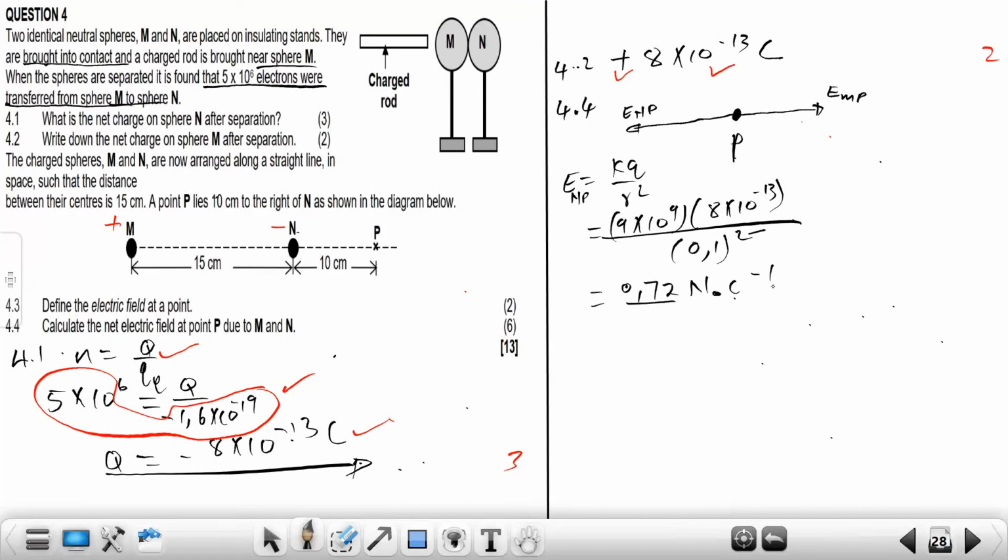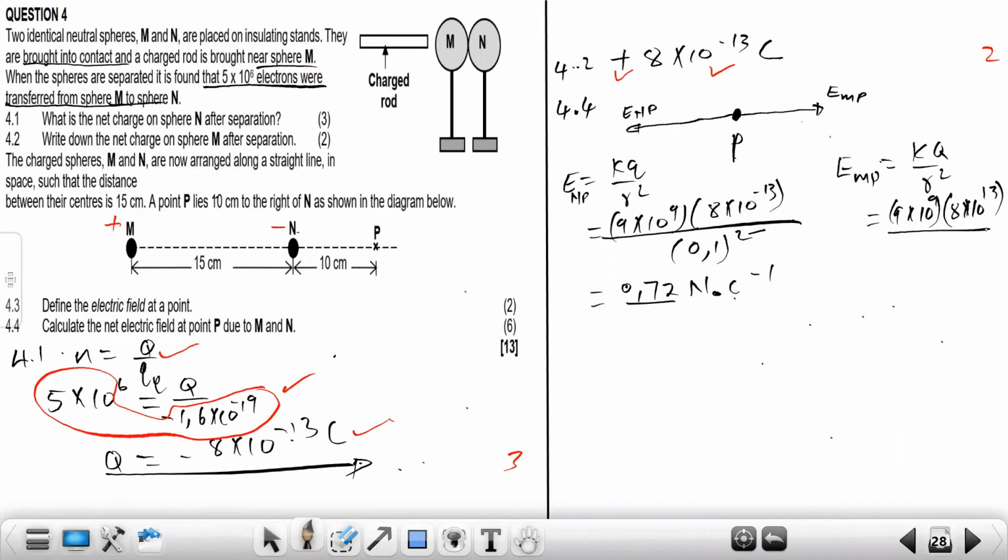Newton per coulomb. Then we do the same for E of MP, which equals KQ over R squared. And this is 9 multiplied by 10 to power 9. And now we have 8 multiplied by 10 to negative 13.